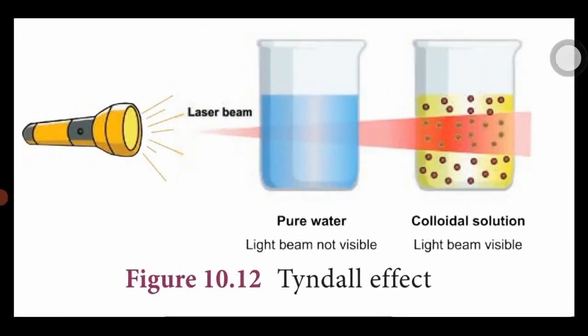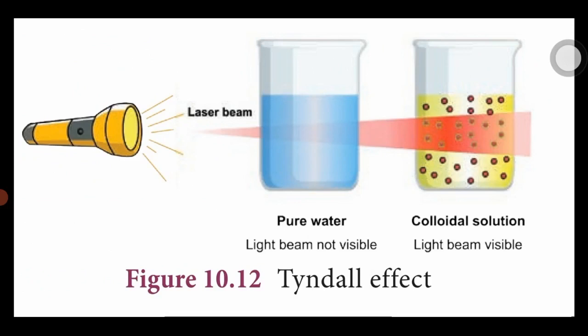See this picture. Using laser light, take two beakers. One contains pure water, another contains colloidal solution. We know when a beam of light passes through pure water, it is not visible, because it contains the particles uniformly throughout the solution; that is a true solution.